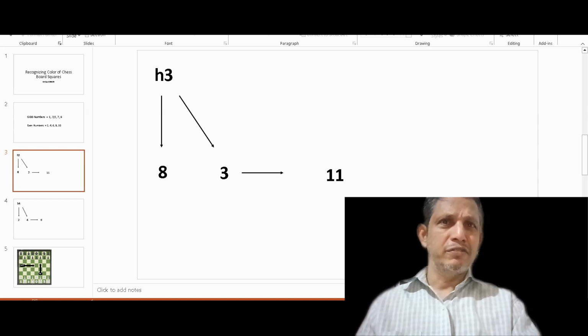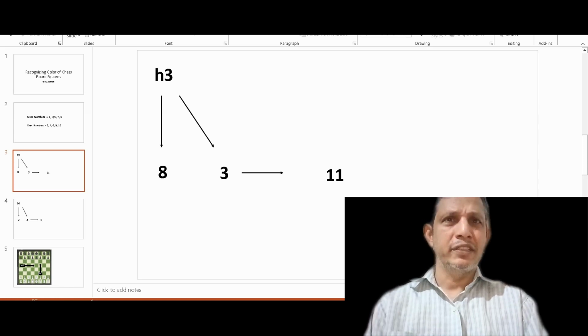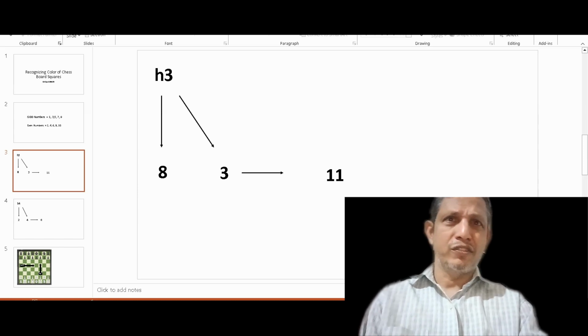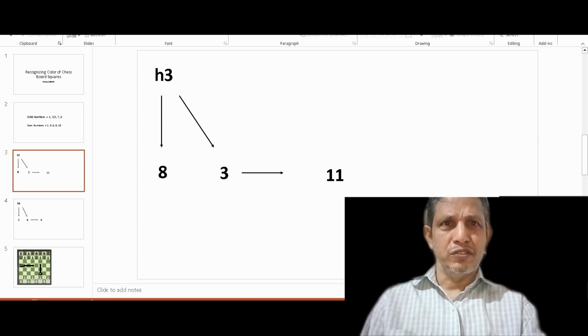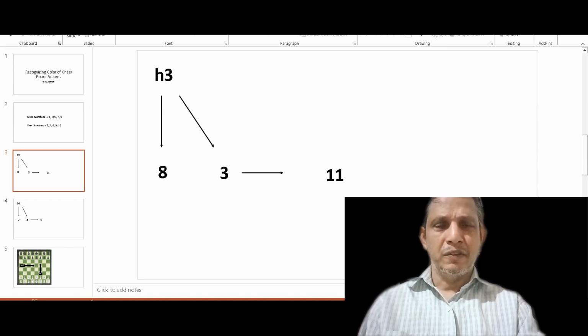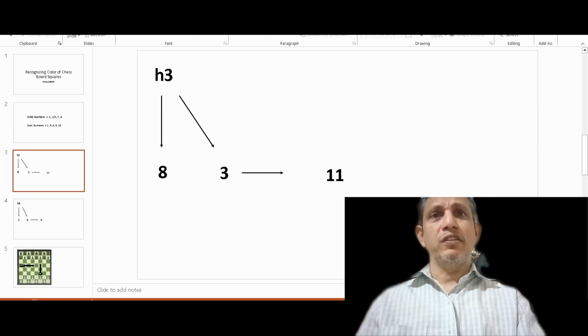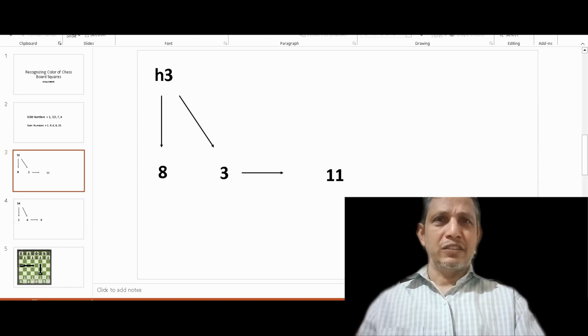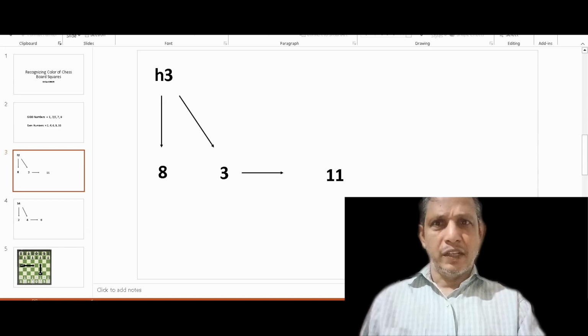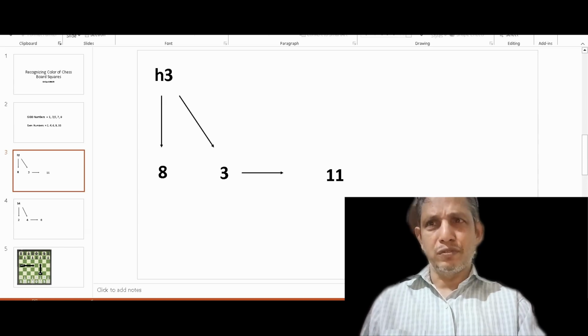Obviously 11 cannot be perfectly divided by 2, so it is an odd number, and it is a light square. I'm sorry about that. Odd numbers are all light squares. Let's try one more, and let's get it correct.